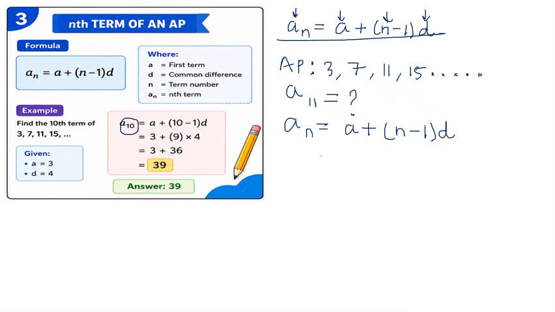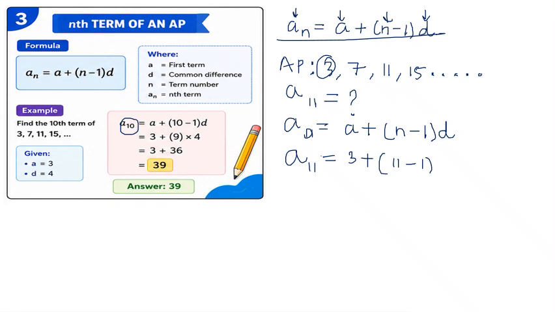So what is the first term here? We have to observe. First of all, in the place of n we have to write 11, that is a11, which means the 11th term. a is the first term, which is 3. n is 11, so here we will write 11 minus 1, and the common difference. What was the common difference that I explained earlier?